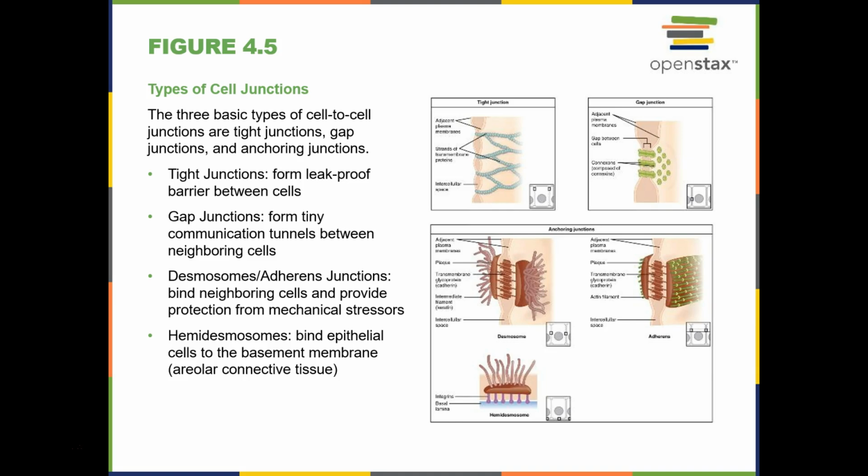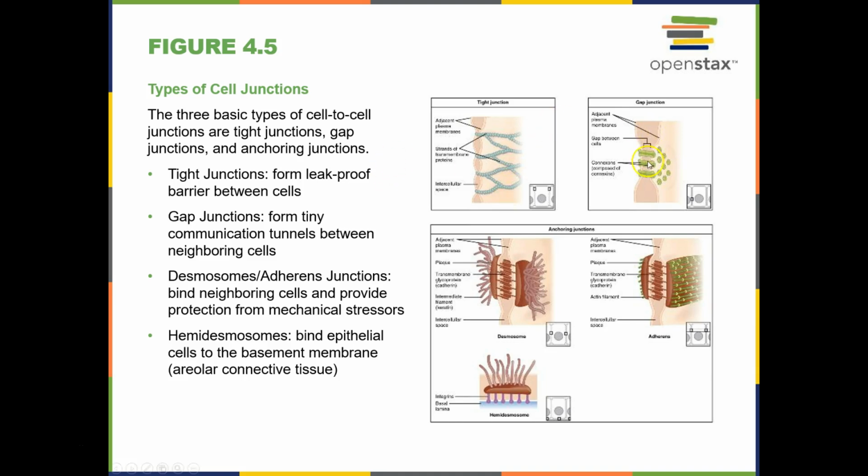So we see tight junctions in areas where we want no fluids or no materials to move from one side to the other side of the membrane or between cells. We see these in the bladder and our digestive tract. We have gap junctions in areas where we need communication.